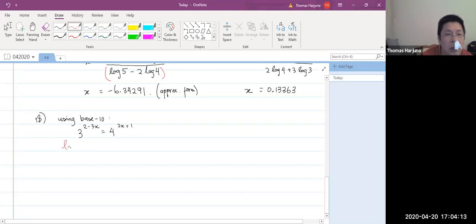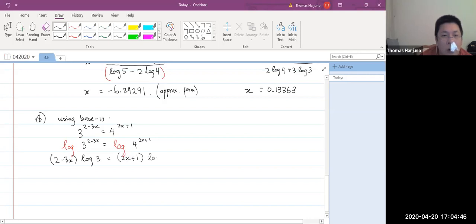In this case, I apply log base 10 to both sides, and then from there, I apply property number 3. So I get 2 minus 3x times log 3 equals 2x plus 1 times log 4.